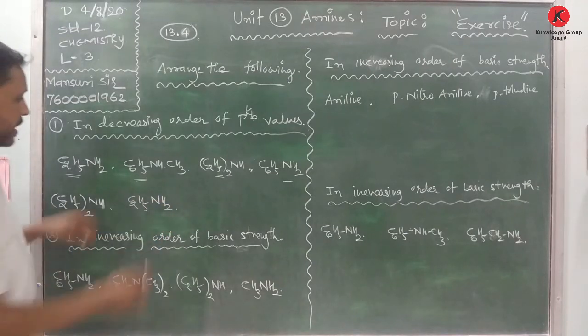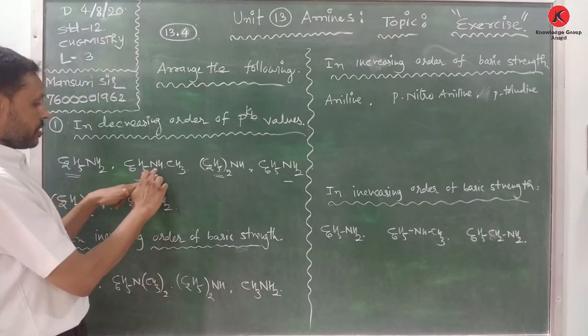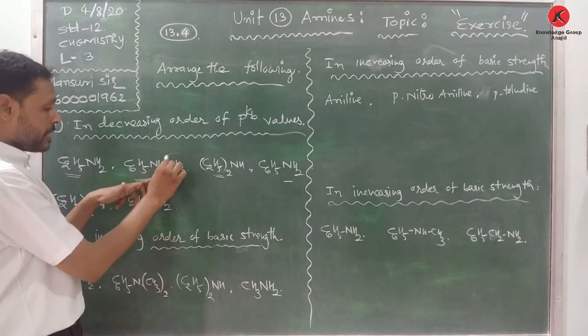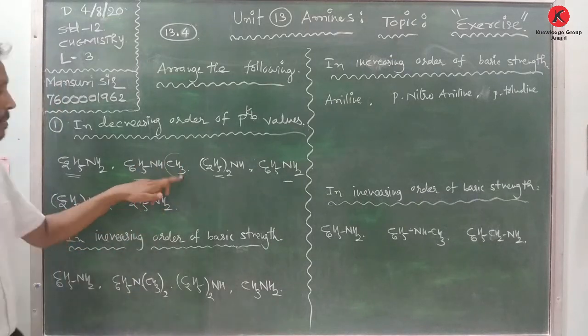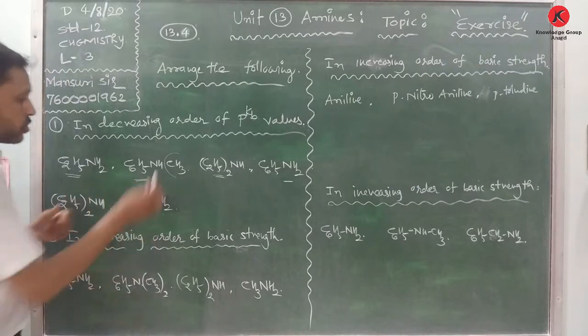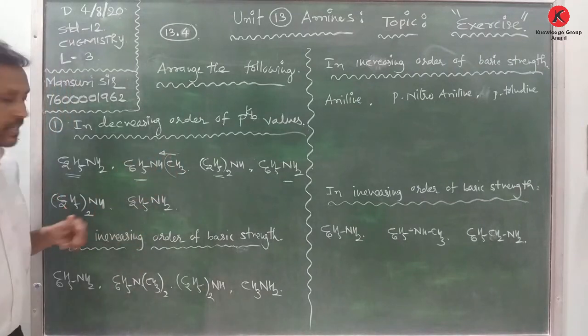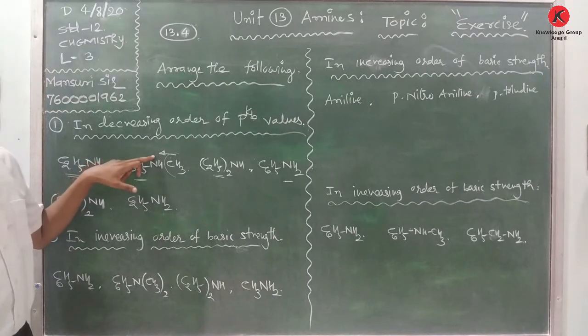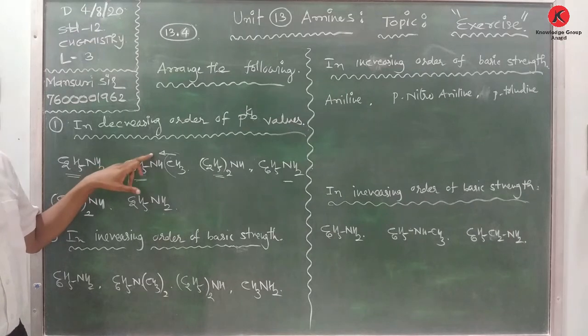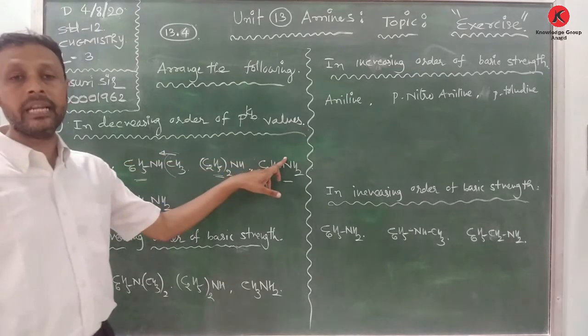Now you can see here amines, but N contains methyl, and N-methylaniline is given. This methyl group is an electron donor group, that is why electron density on nitrogen will increase. That is why this is more basic, this is less basic.